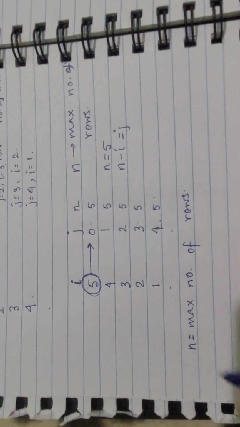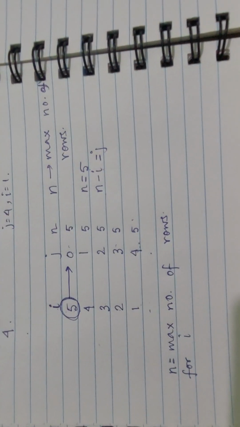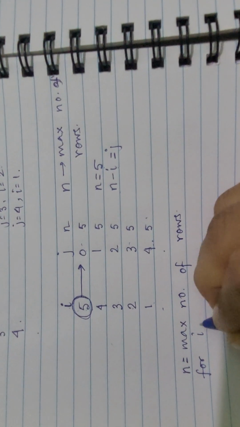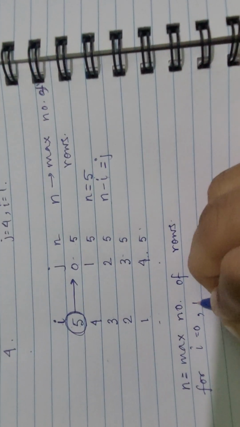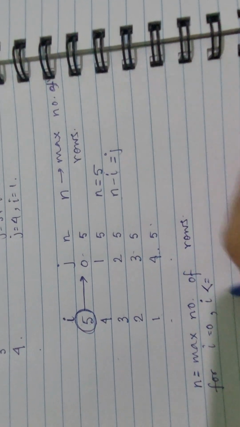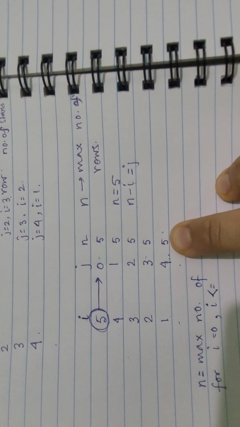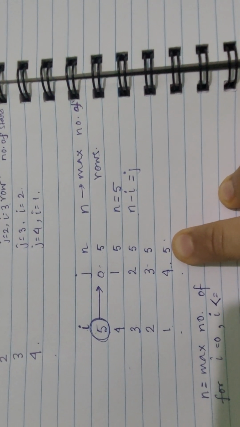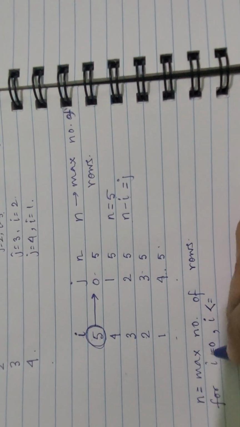And then you will write for I equals to 0, comma I less than equals to n. I should be starting from here.